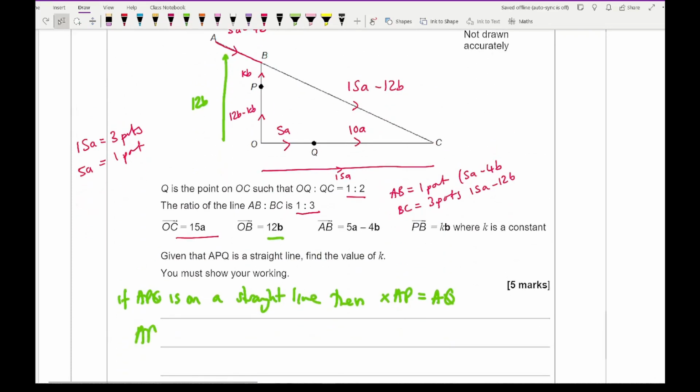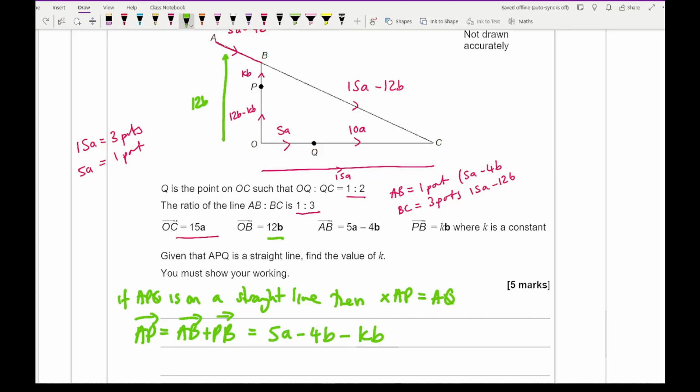So to work out A to P, well, A to P is going to be A to B plus B to P. So that's going to be 5A plus minus 4B minus KB.